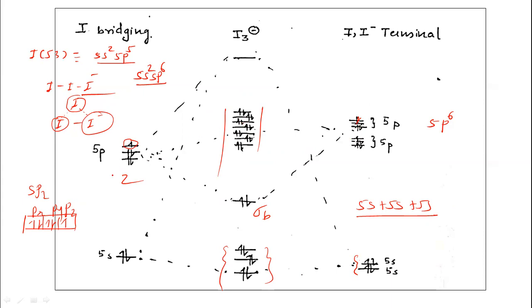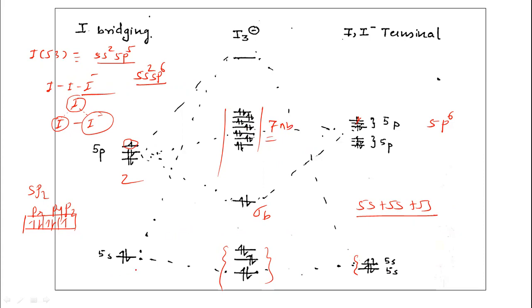Let us see once again: 1, 2 here, 2 more, 3, 4, then 5, 6, 7. Correct. So 7 orbitals remain as non-bonding, and the electrons are present here.